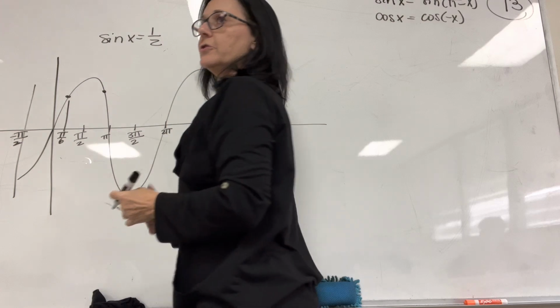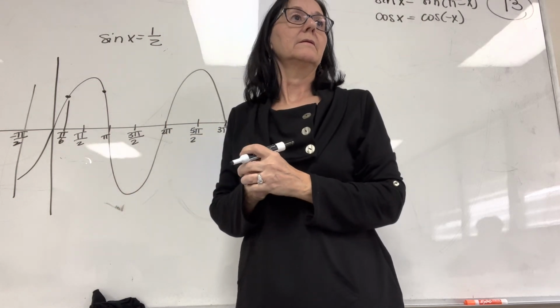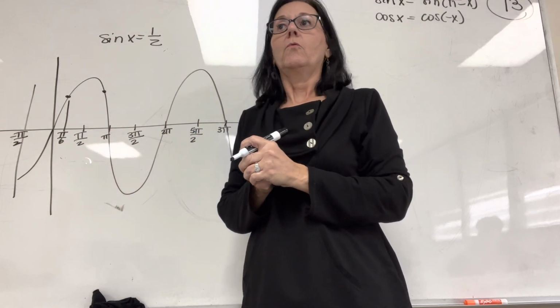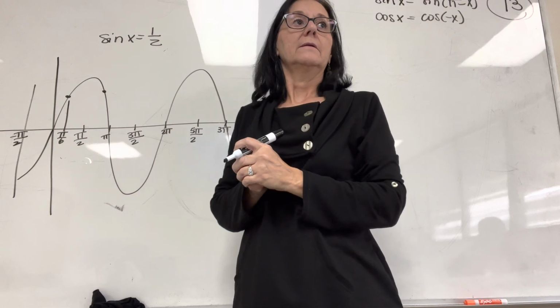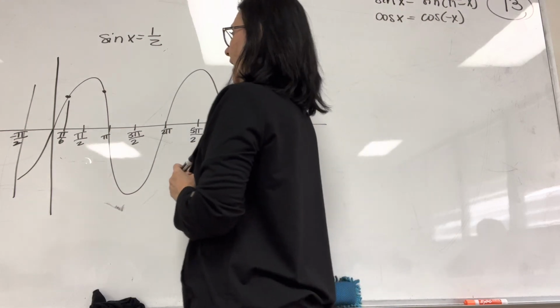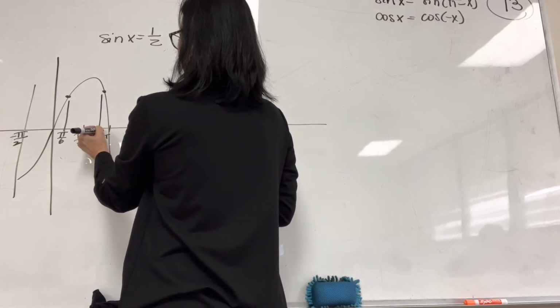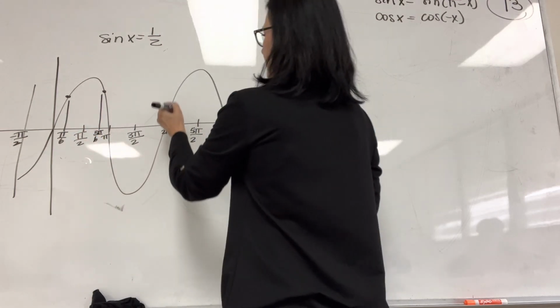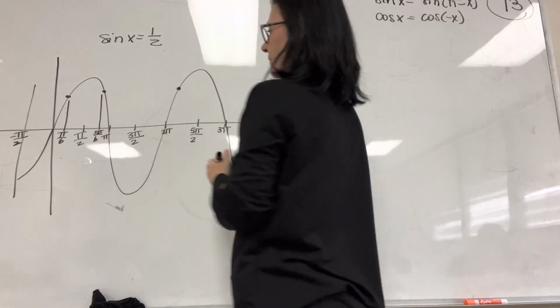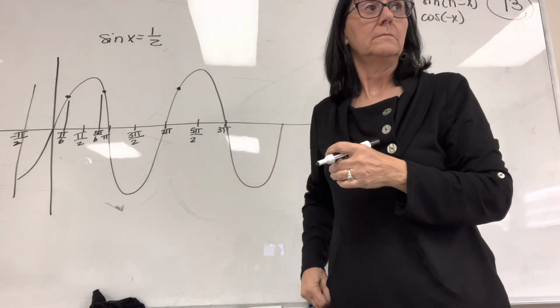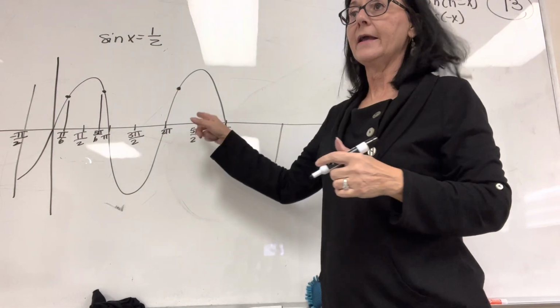In quadrant 2, what is it? 5 pi over 6. So here it would be 5 pi over 6. Where would it be here? So 2 pi and another 6.